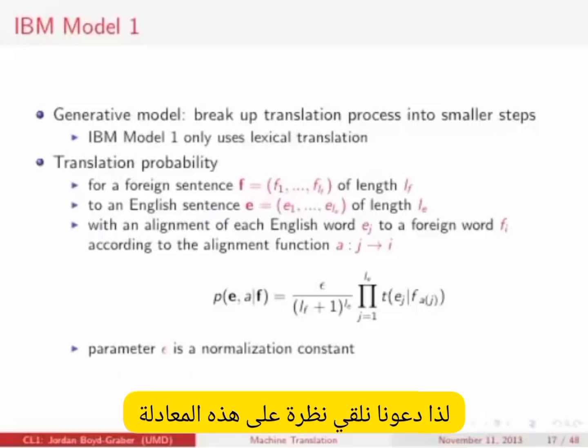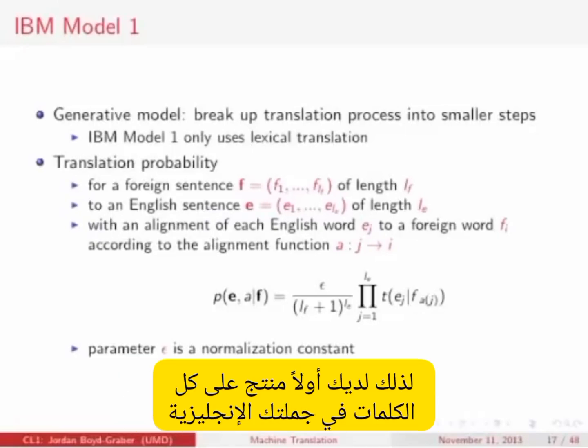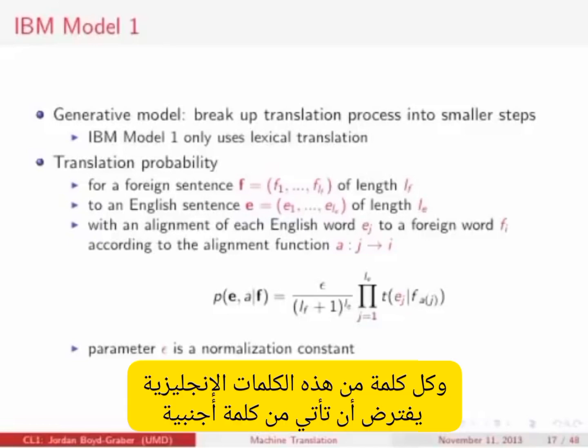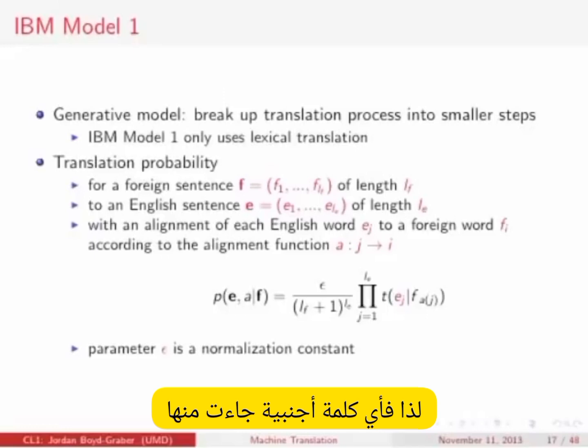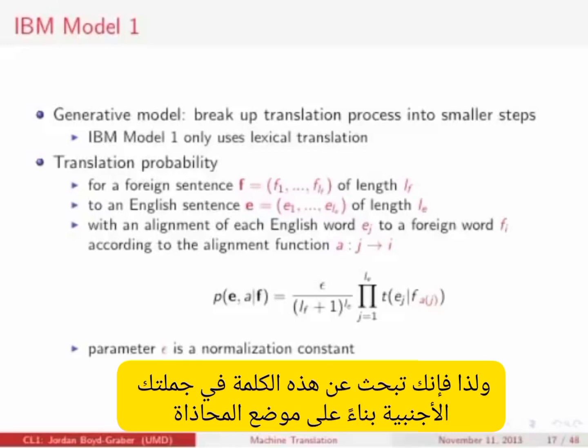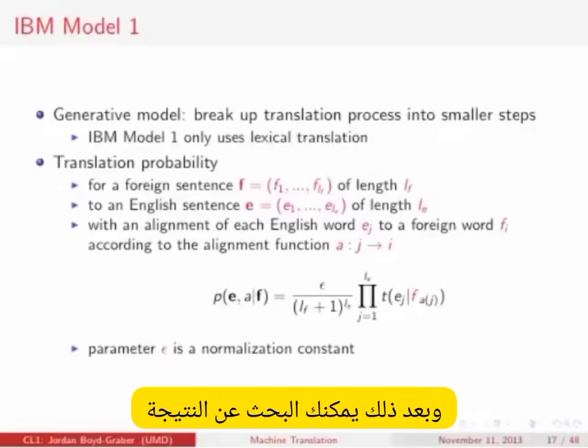So let's take a look at this equation. You first have a product over all of the words in your English sentence. And each of these English words is assumed to come from some foreign word. So which foreign word did it come from? It came from the foreign word that the jth English word was aligned with. And so you look up that word in your foreign sentence based on the position of the alignment, and then you can look up the score.